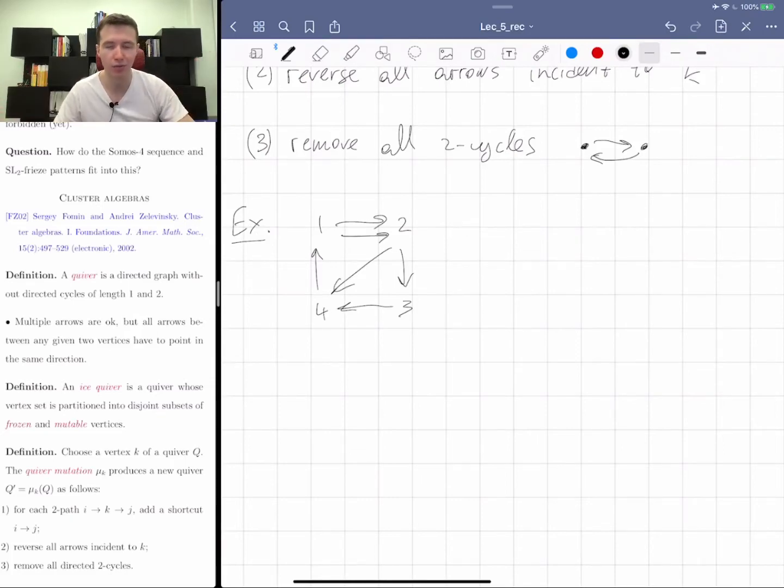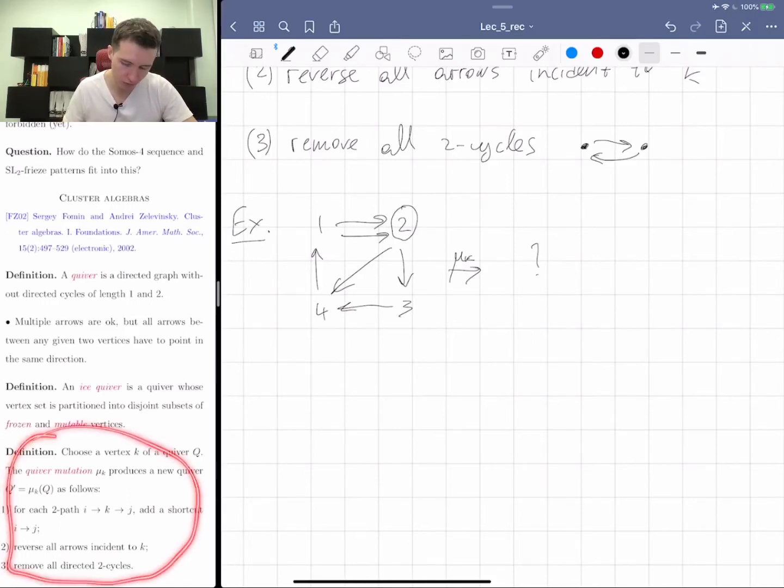Let's say all of them are mutable, and then I'm going to mutate the second vertex here. So I'm going to produce some new quiver, mu k of Q, and the question is, what is this quiver going to be? If you're watching at home, I suggest you take this definition and do it yourself. But I'm, of course, going to do it live as well.